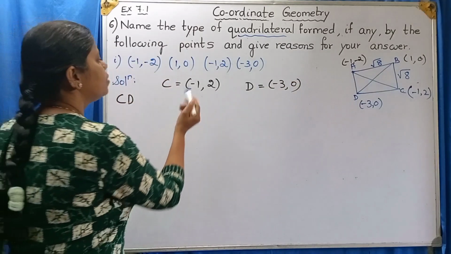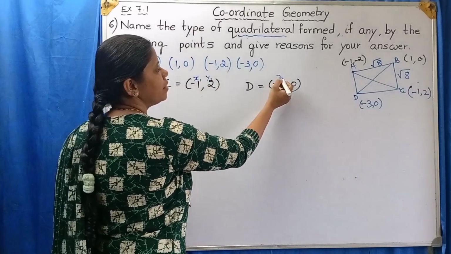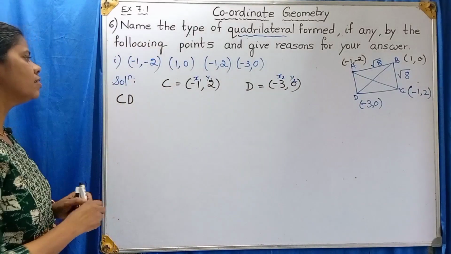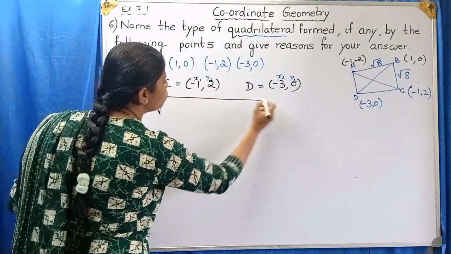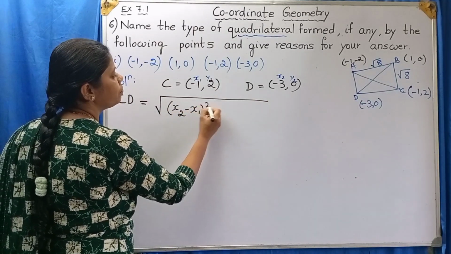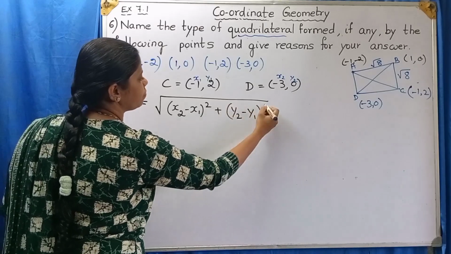Then, this is our x1 and this is our y1. This is our x2 and this is our y2. Now, let us find out the distance between CD by using the formula square root of x2 minus x1 the whole square plus y2 minus y1 the whole square.